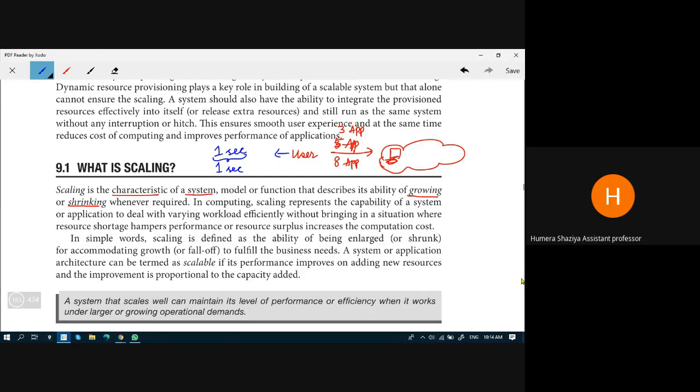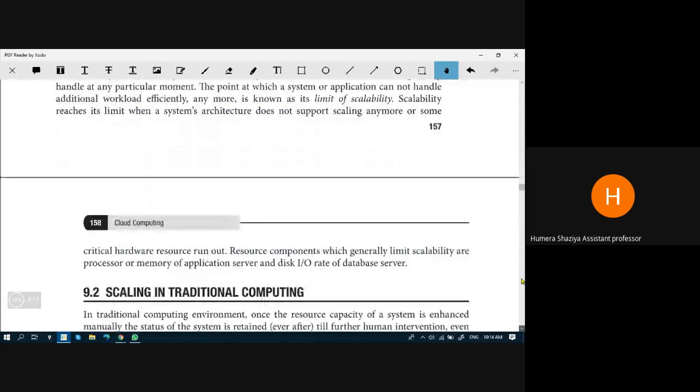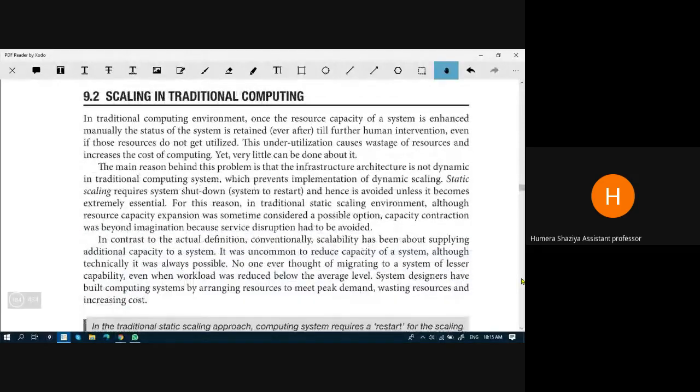Its functionality has not been degraded due to the overworkload, and the system is able to do scaling properly.